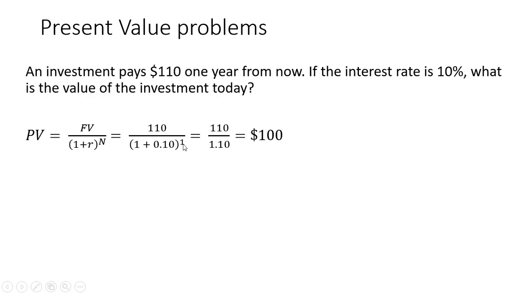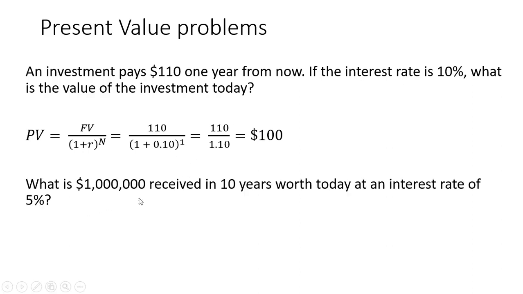And since this is a cash flow that is 1 year out in the future, N is going to equal 1. And doing the math, we get $100. And one way to think about this answer: if you had $100 today and you were able to invest it at 10%, what would it be at 1 year from now? It'd be $110.